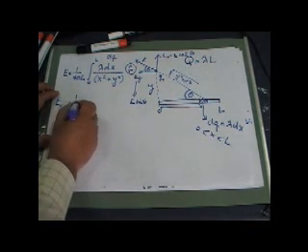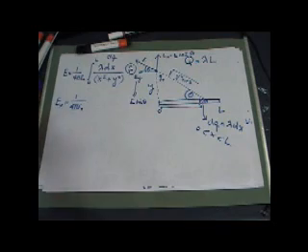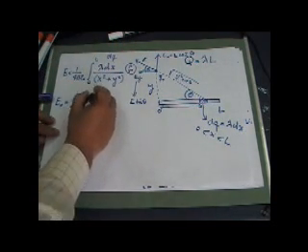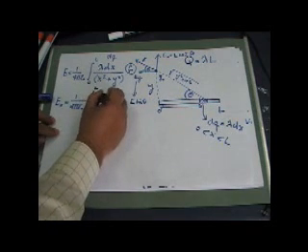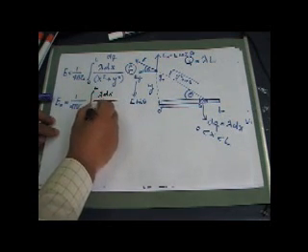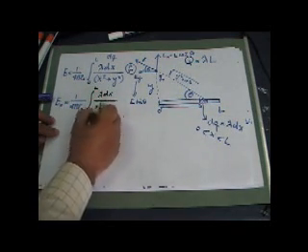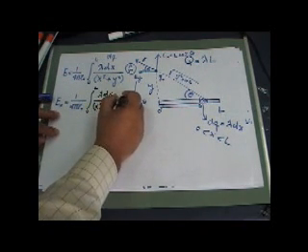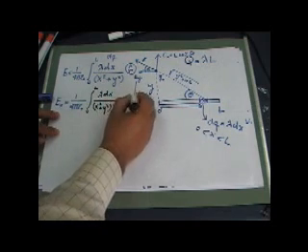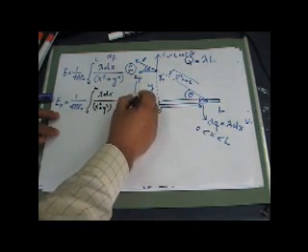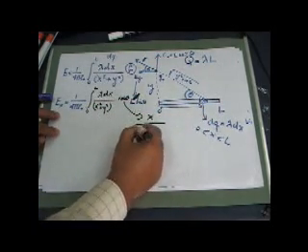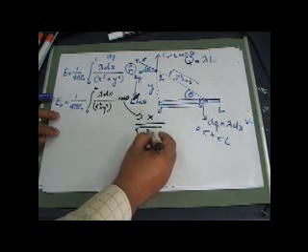The first one is 1 over 4 pi epsilon, the integral from 0 to L of lambda dx over x squared plus y squared, multiplied by cosine theta, and cosine theta is simply equal to x over the square root of x squared plus y squared.